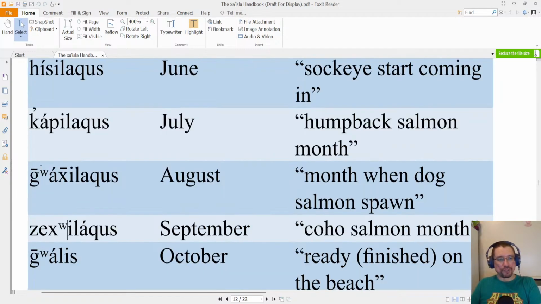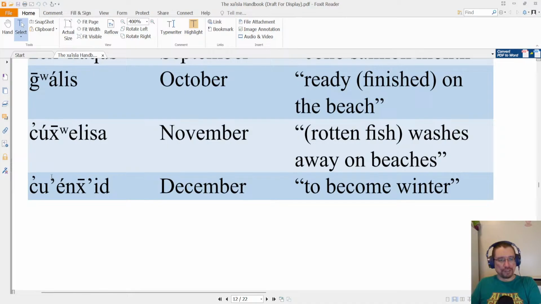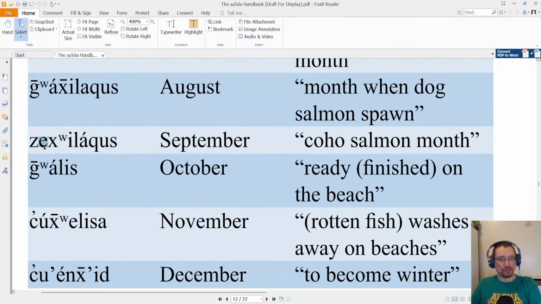And also notice the placement of the acute accent marker, this slanted dash over the A. So this tells us that we're emphasizing the first syllable because the A is in the first syllable. There's no acute accent over this vowel here because it's not being emphasized.